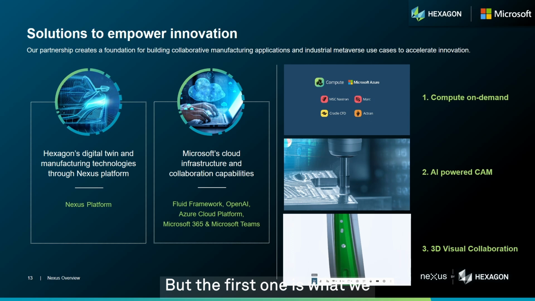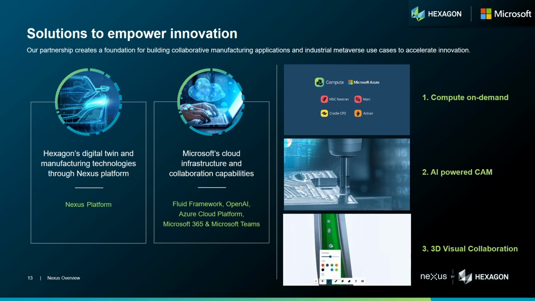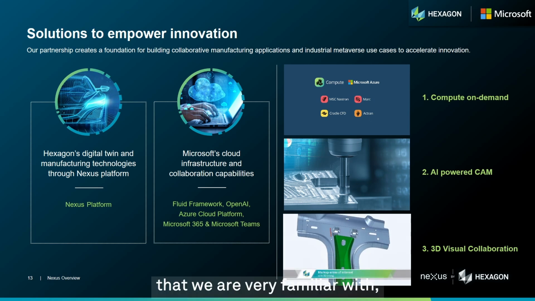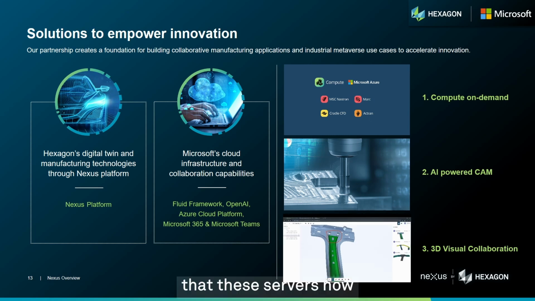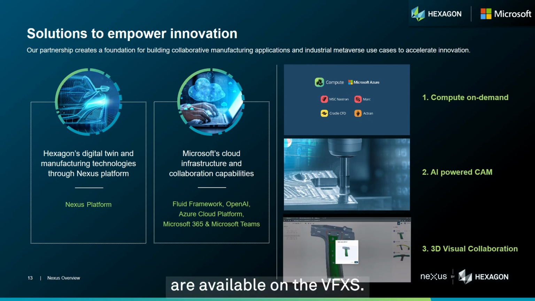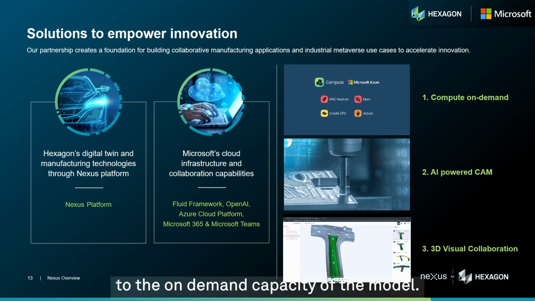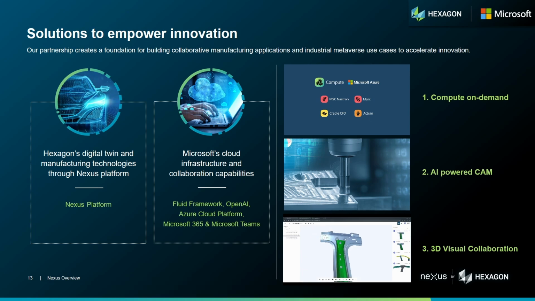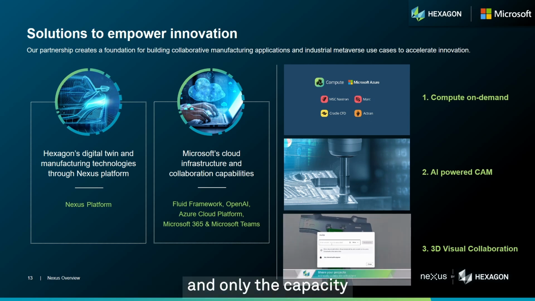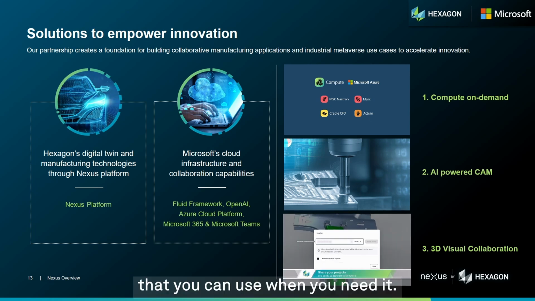But the first one is what we call compute on demand, which covers some of the solvers that you are very familiar with: Nastran, Actran, and Cradle. These solvers are now available on the cloud via Nexus. What that means is you get access to on-demand cloud capacity, as you need it, and only the capacity that you use when you need it.